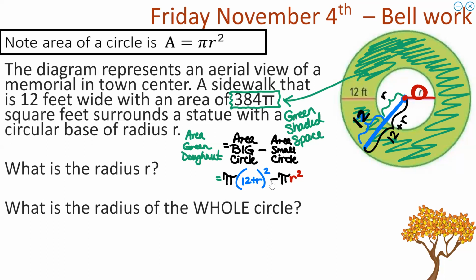What is it that they asked us to find here? The radius. Which piece down here is representing the radius? What letter do we have that represents the radius? R. So I want to try to get the R all by itself. How many terms are over here?